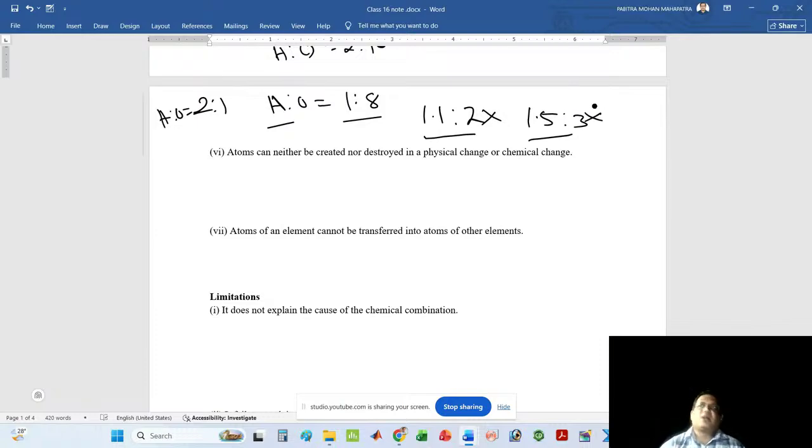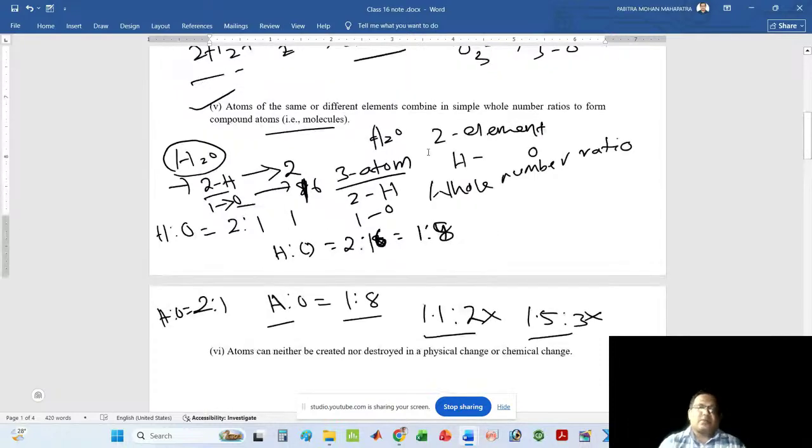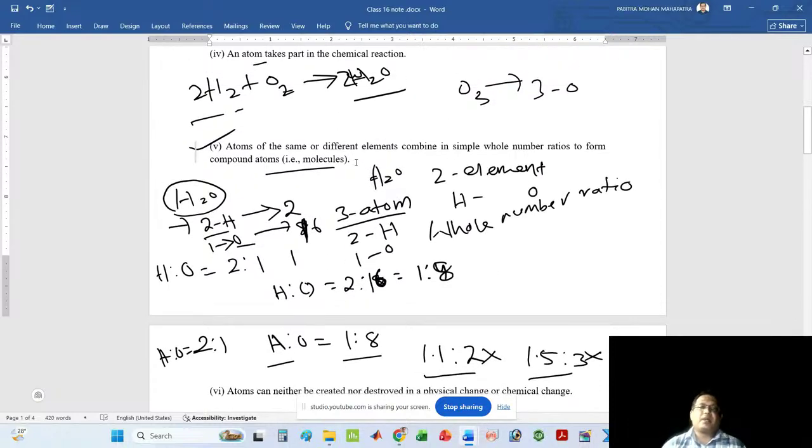Nowadays, some molecules are found which are present in fractional form, but as per Dalton's atomic theory, as per Dalton's concept, molecules are made by atoms of the same or different elements, and there is also another condition, that is a simple whole number ratio.